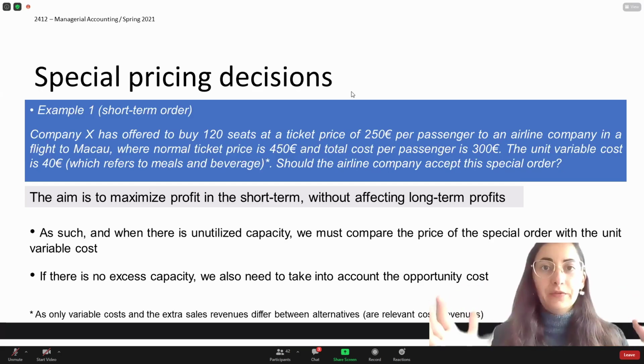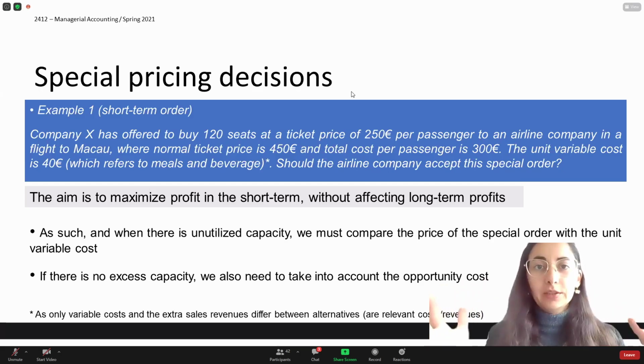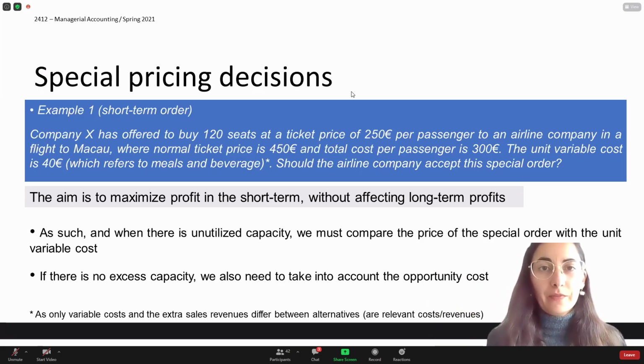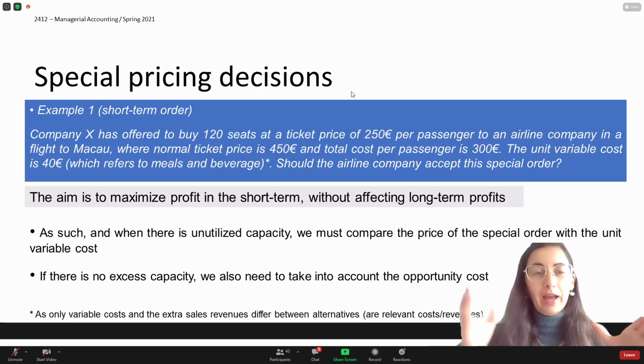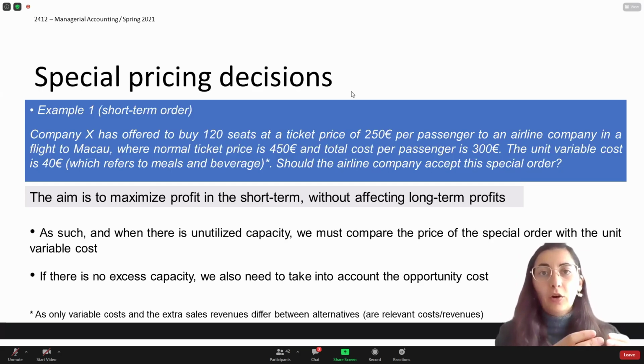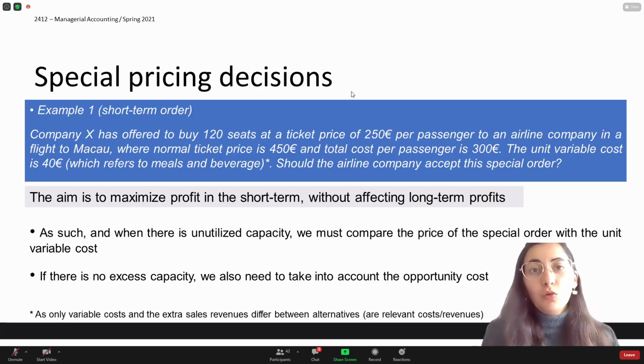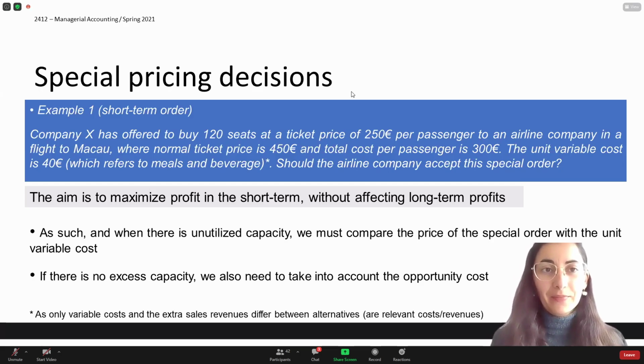So we have these fixed costs and variable costs, and all of the costs by passenger, considering the capacity in terms of seats of the aircraft, gives this unit cost. Obviously, if we are not using the whole capacity, the fixed costs per passenger will be higher. Okay, thank you. More questions?